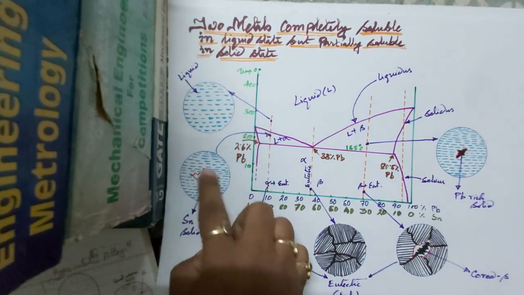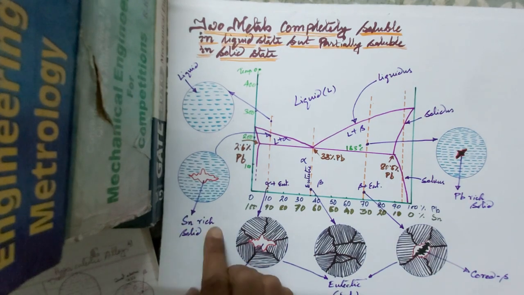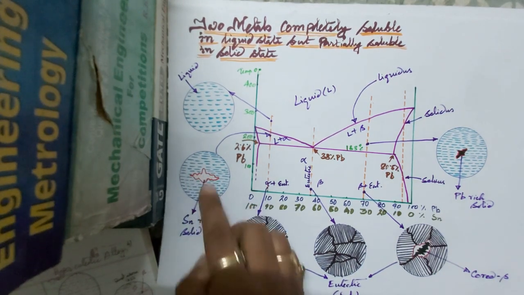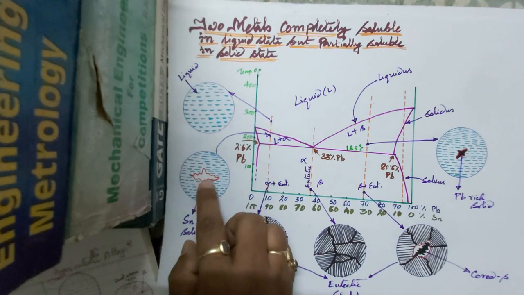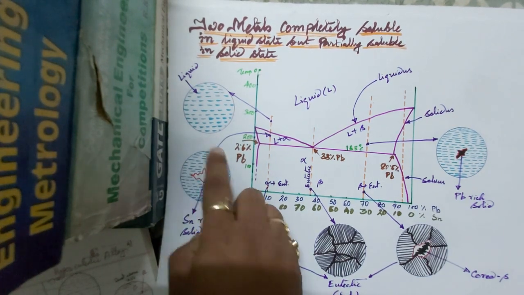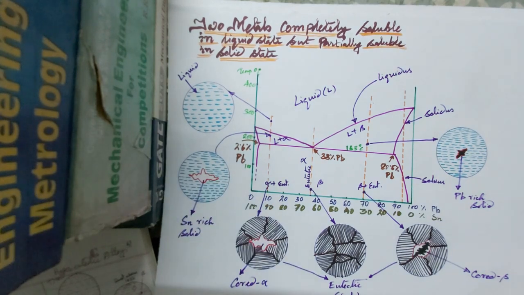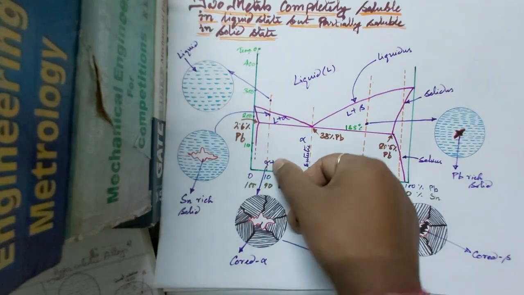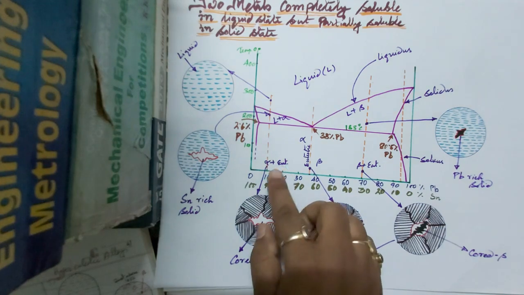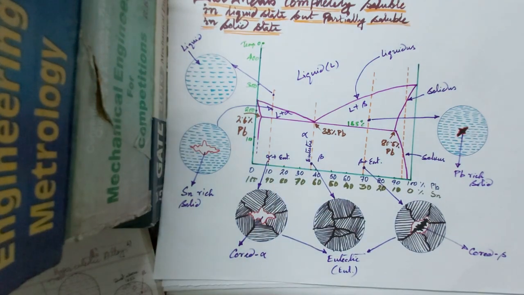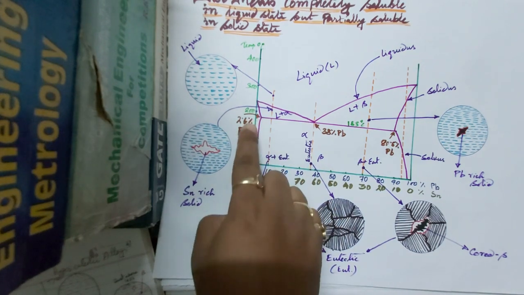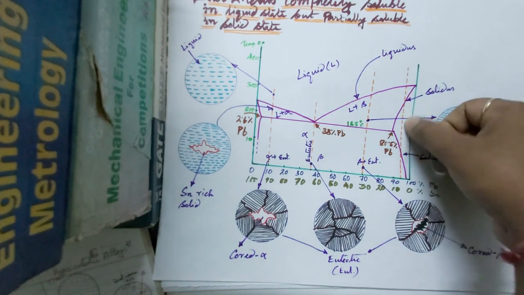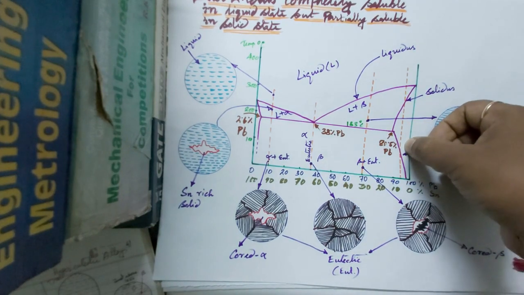Here this region is tin rich solid. So this is solid, and the remaining is liquid. So here we have eutectic plus alpha. In this side we have alpha phase, and this side we have beta phase.